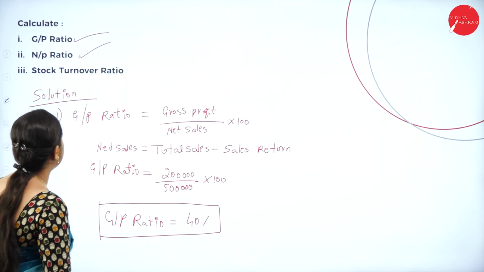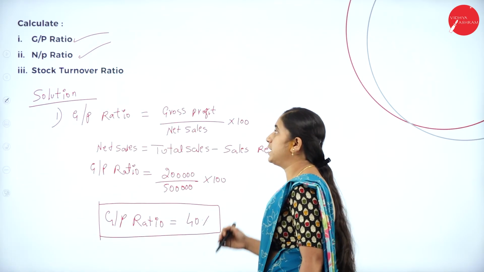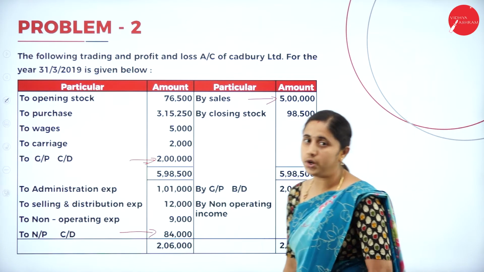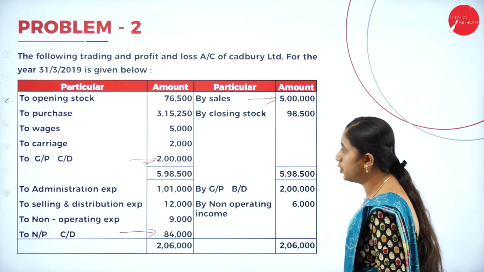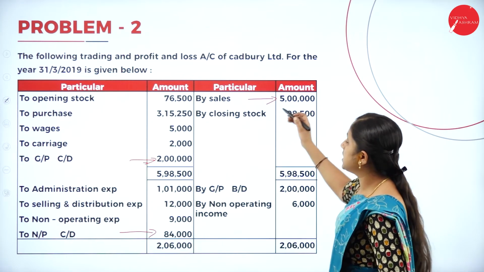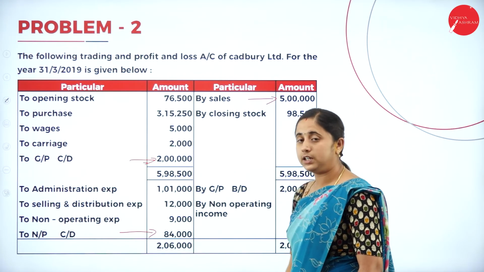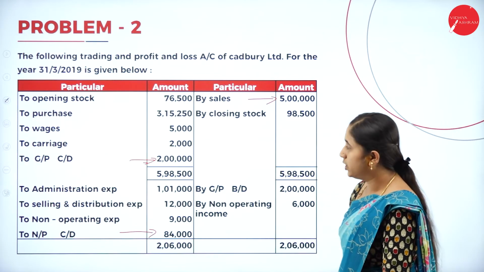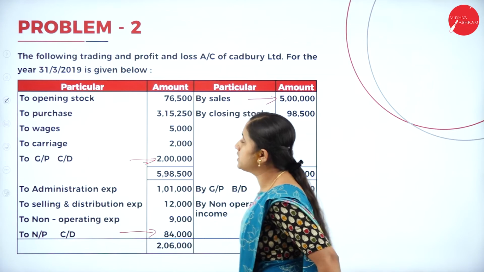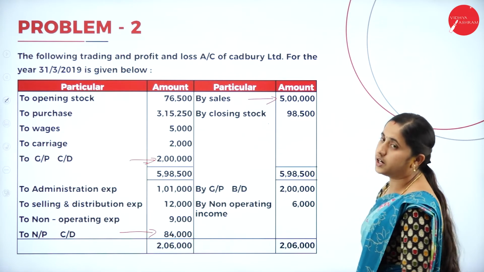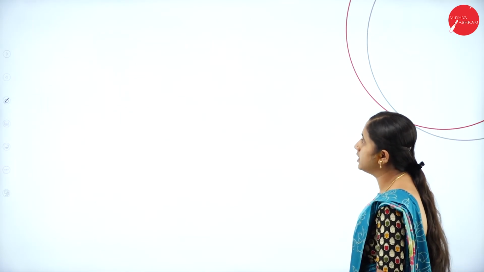Next, stock turnover ratio. Stock turnover ratio we can calculate by considering cost of goods sold divided by average stock. To calculate cost of goods sold, we consider net sales minus gross profit. Net sales minus gross profit is equals to cost of goods sold. Then average stock. To calculate average stock, we consider opening stock plus closing stock divided by 2. So just calculate stock turnover ratio.